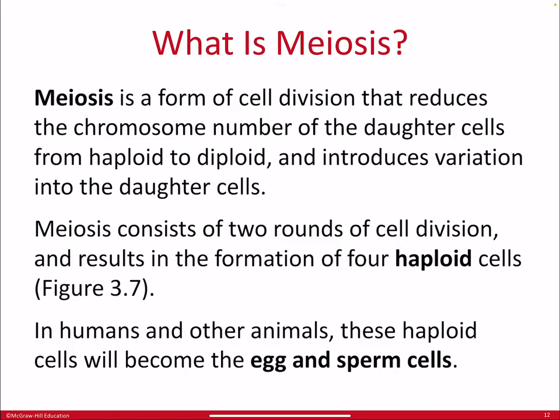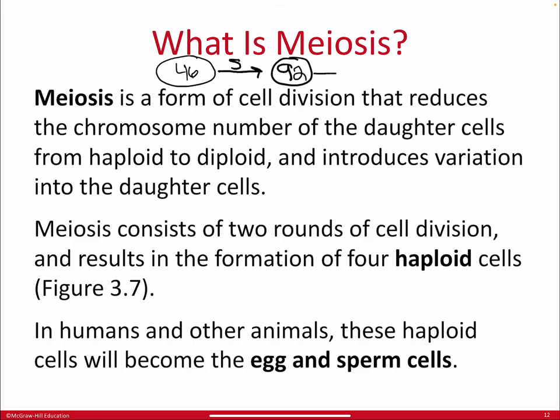So meiosis is a form of cell division that reduces the chromosome number of the daughter cells from diploid to haploid. And in humans, what that means is you have a cell with 46 chromosomes. That cell will go through something called the S phase, where it will replicate its chromosomes, and you'll end up with 92.